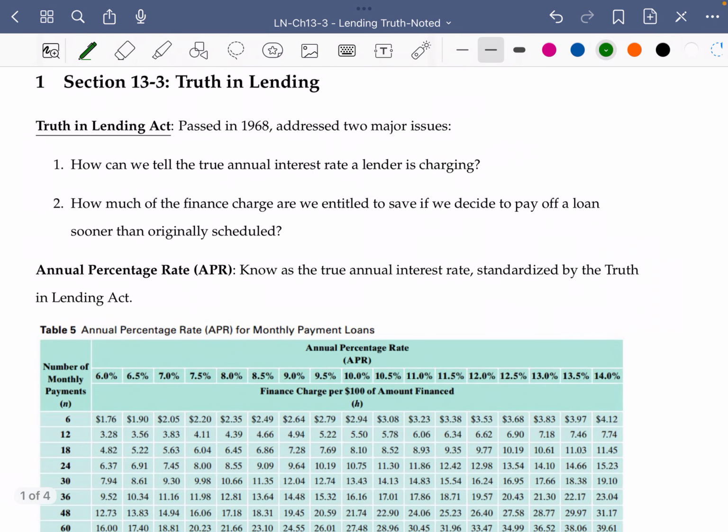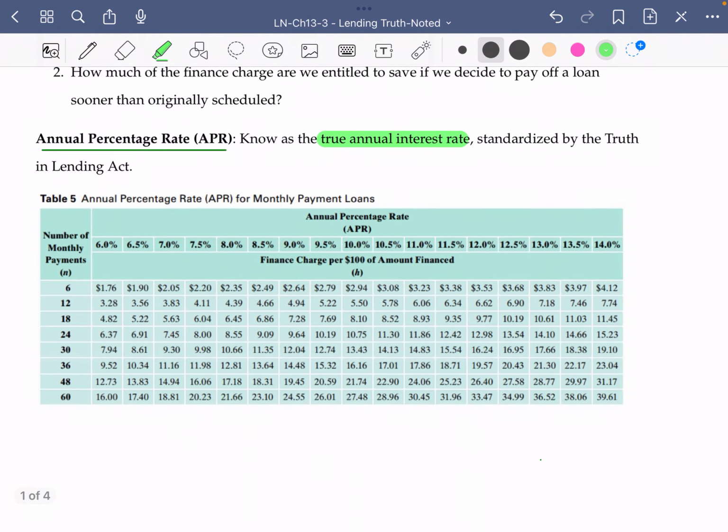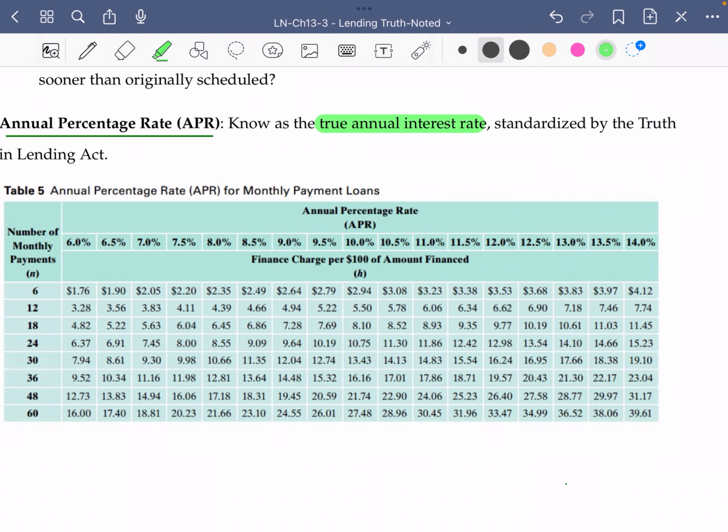As we look at this, one of the big ideas is the APR, the annual percentage rate. This is known as the true annual interest rate. It is standardized by the Truth in Lending Act, and so you'll have a table that looks like this. We will refer back to this table quite a bit.